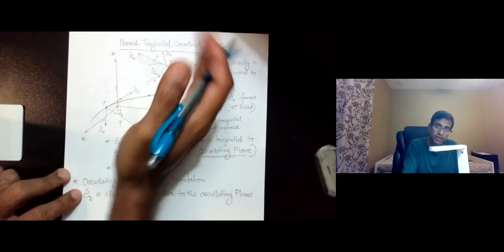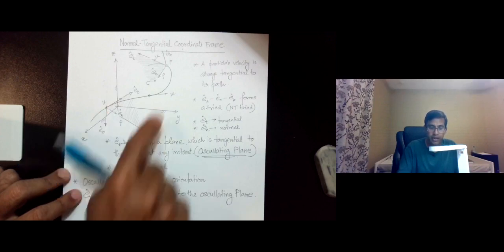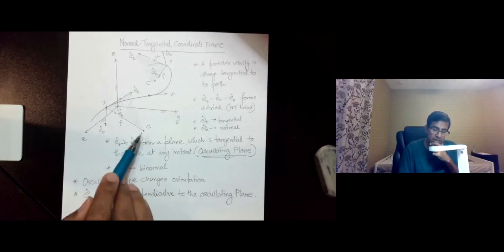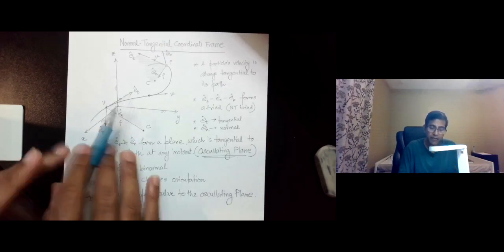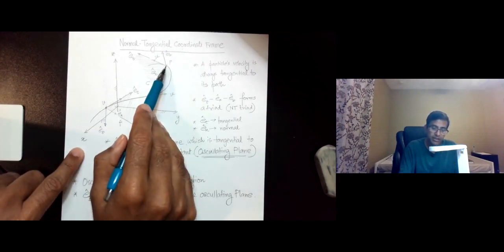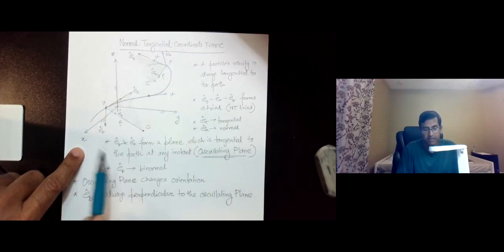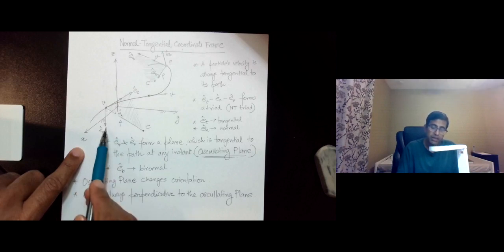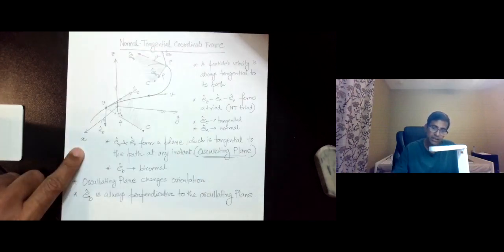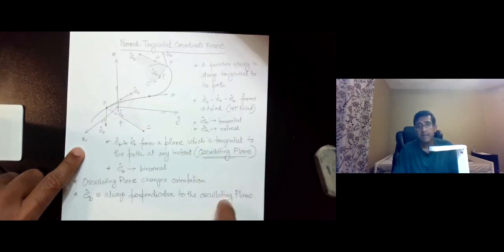If you are actually the particle taking this trajectory, when you were here, your En was to your right, and when you are here, the En has gone to the left. That is because the center of curvature has flipped direction. It was on your right, and then by the time you got here, the center of curvature is to your left, so En has flipped direction, and that is the reason why EB also flipped its direction. Here ET and En are such that EB is downwards, and here En and ET are such that EB is upwards.